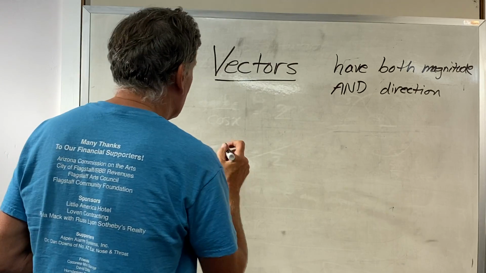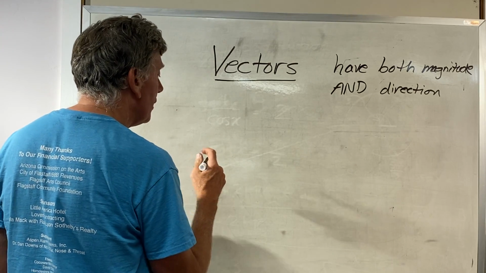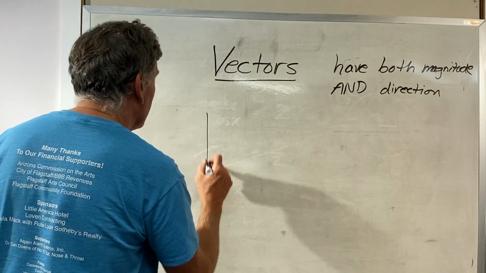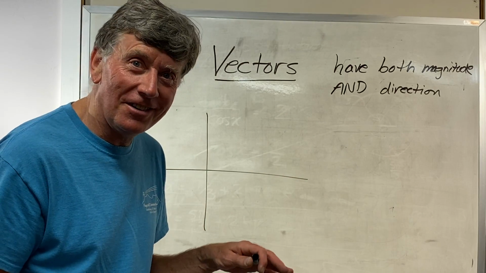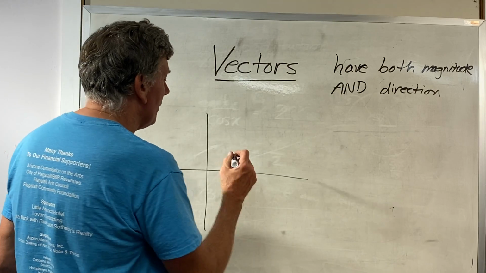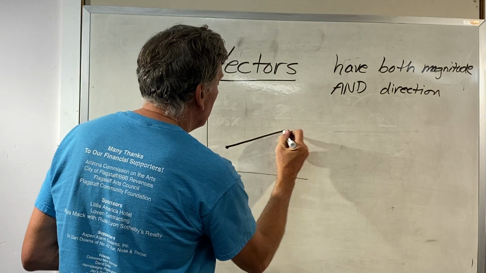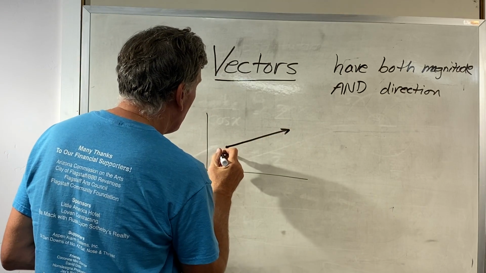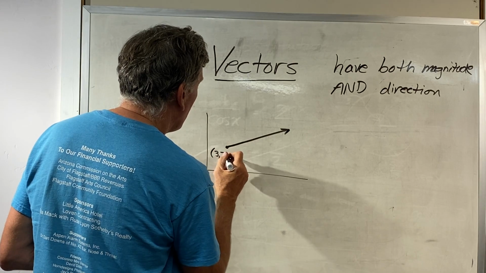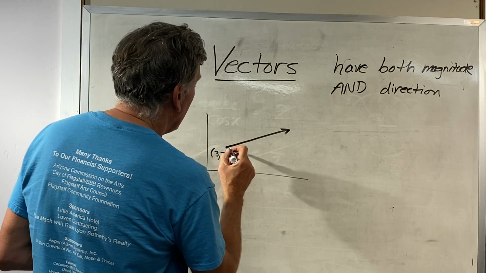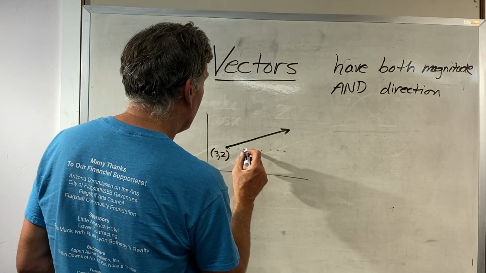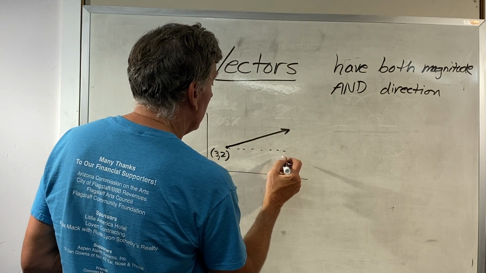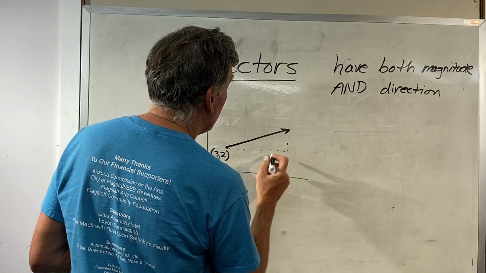and direction, first of all, is we use our coordinate axes. So here's, no, I'm not going to draw a unit circle this time. Here's a vector. And it's starting at the point 3, 2. And this vector looks like it's about 9 long and 3 high.